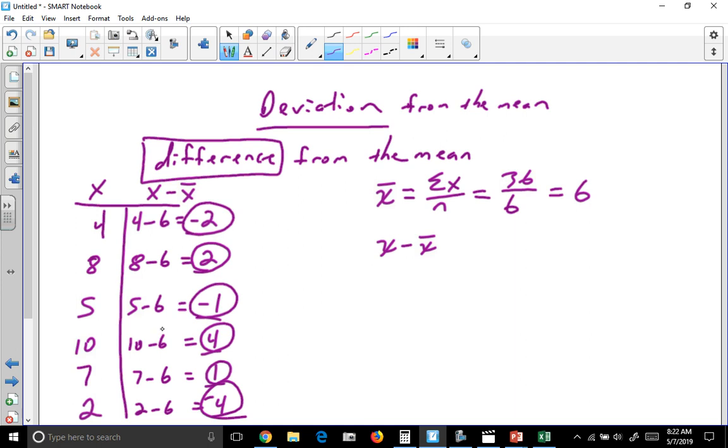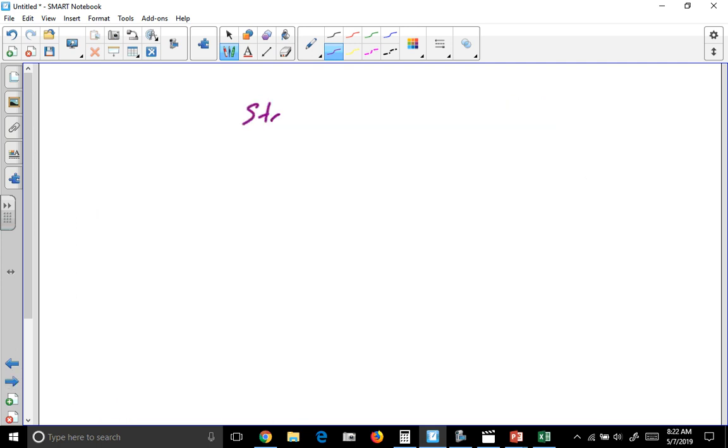Now, after we talk about the individual deviations, then we have something known as the standard deviation. And there are 2 different standard deviations. There's a population standard deviation and a sample deviation.